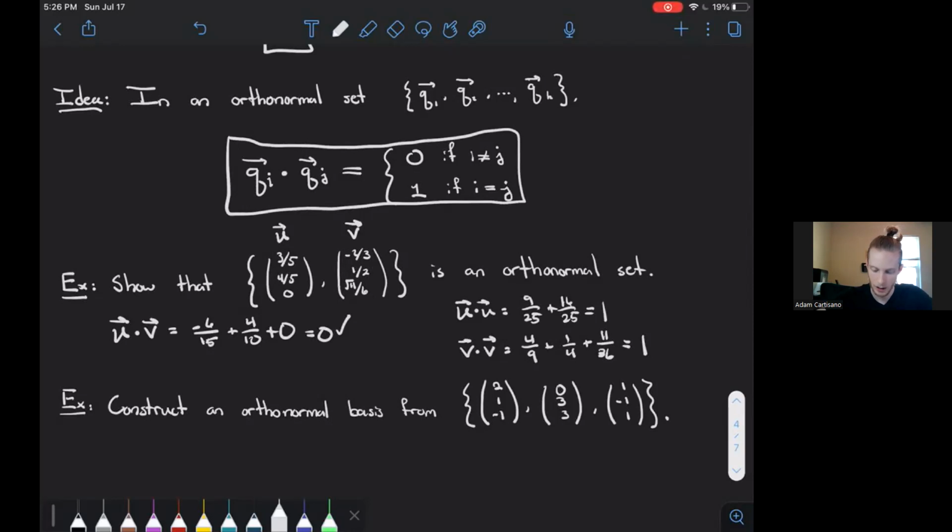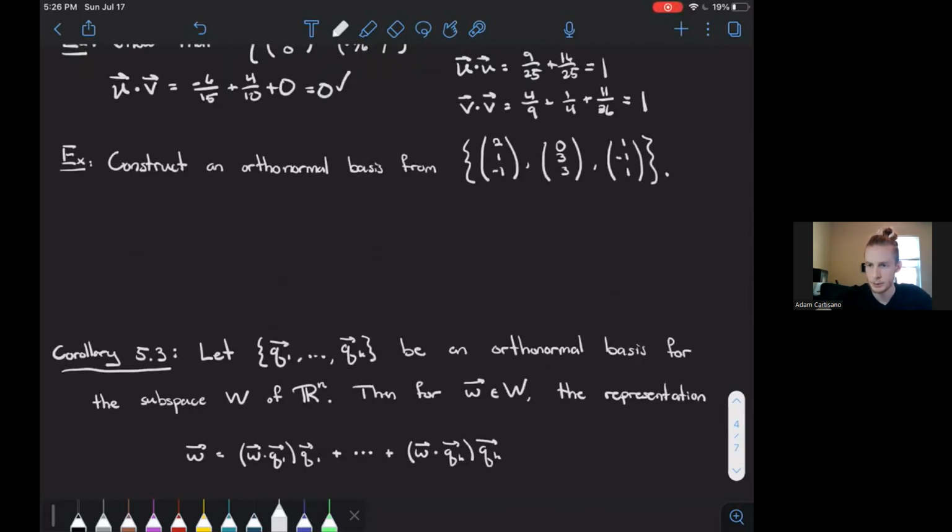Okay, so in the very first example of an orthogonal basis or orthogonal set, we had an orthogonal set of 3 vectors. It was these 3 vectors. We want to construct an orthonormal basis out of these 3 vectors. Okay, this is going to be fun.